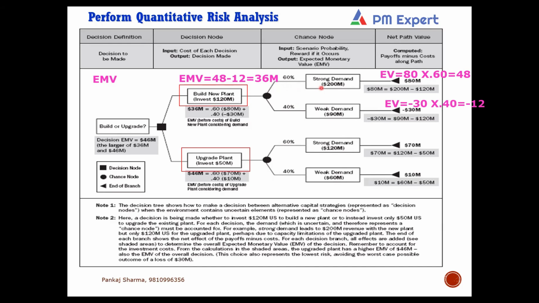You might have heard that these processes are very tedious. We all know that quantitative risk assessment is a tedious process. Yes or no? Yes, I think it's very important.